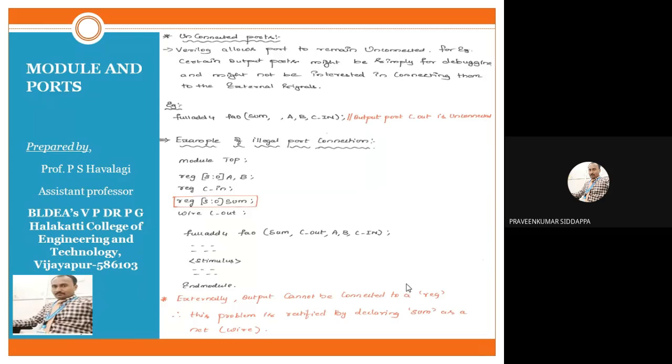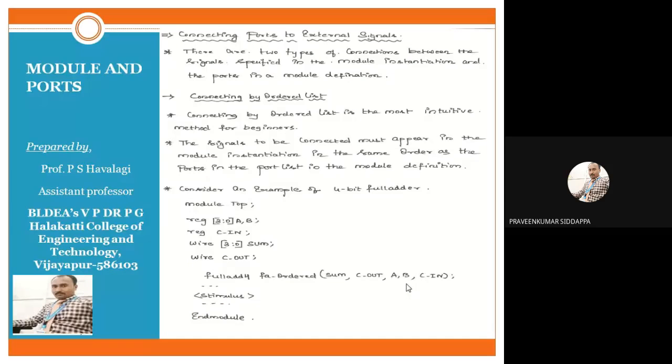The next concept is, I think, hierarchical names. Before that, I think another concept is there: connecting ports to external signals. This question also appeared in your exam. How are ports connected to the external signals?